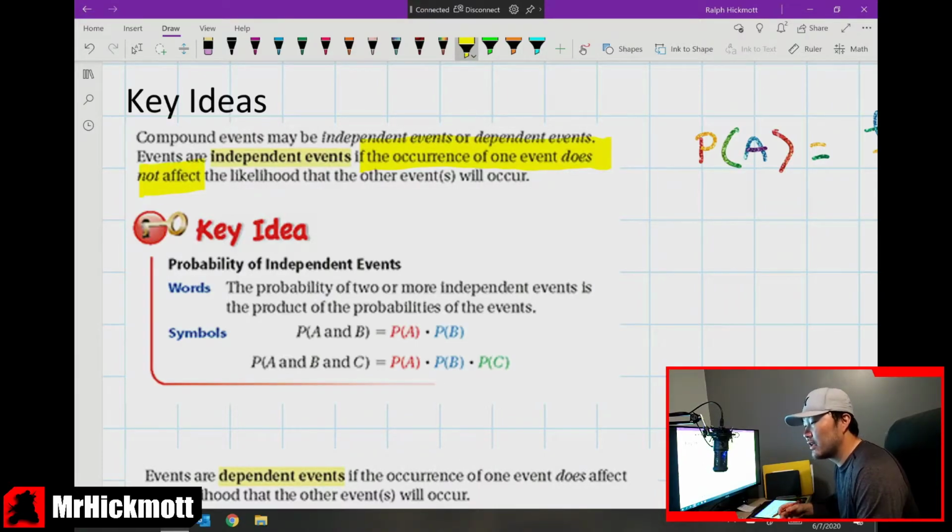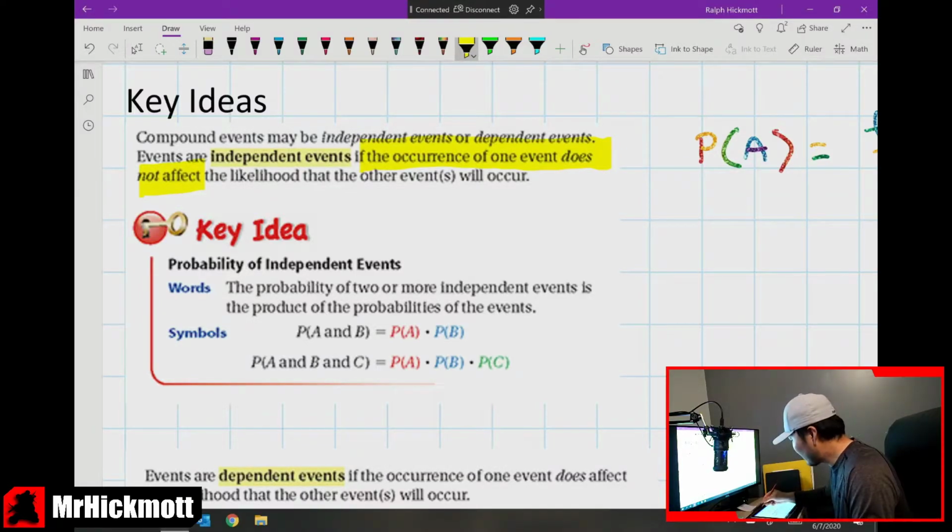Let's go to the coin flipping example. If I flip a coin twice, the first time it's heads or tails. That's our outcomes. The second time it's going to be heads or tails again. Those are independent events because when I flipped it the first time, it doesn't affect what's going to happen when I flip it the second time.